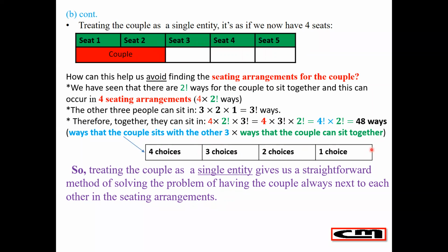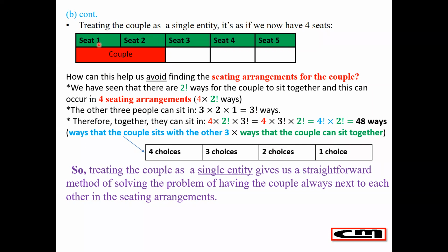This is the situation. Then when you were to find this arrangement, you multiply with the ways that the couple can sit together. And I emphasize again to say ways and arrangements are different things, because the couple have to occupy 2 seats, but in how many ways can they occupy those 2 seats? In 2 factorial ways.